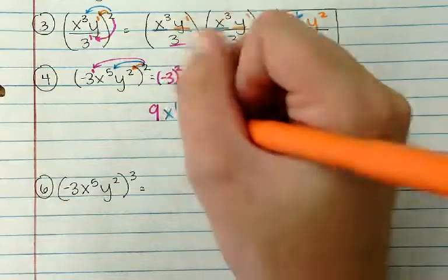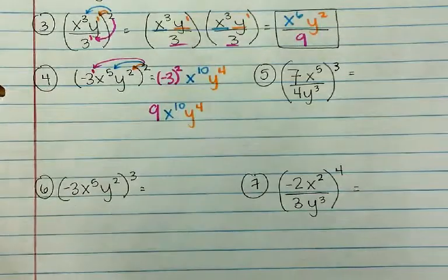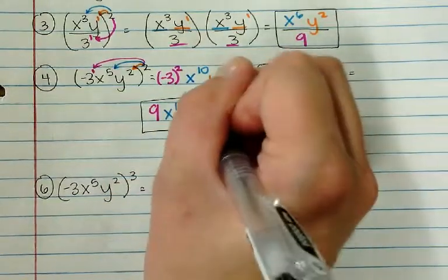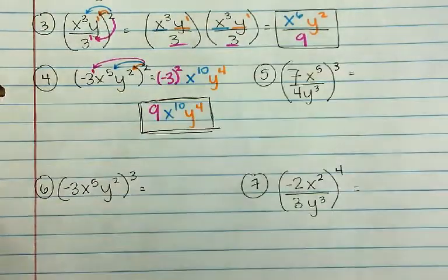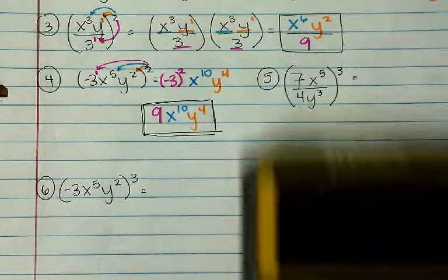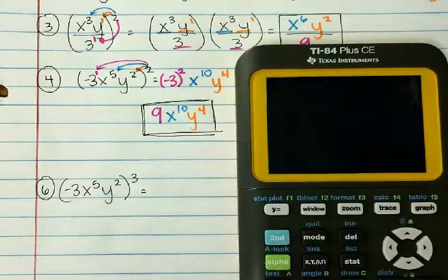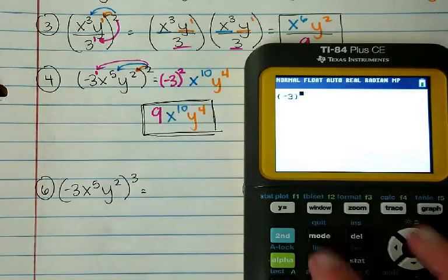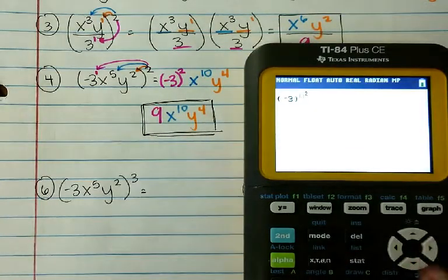Now what I want to show you guys is where it gets a little bit wonky. If you do it with the parentheses like I recommended, it gives you that positive 9. But if you do it without the parentheses, negative 3 squared, it gives you the wrong answer.